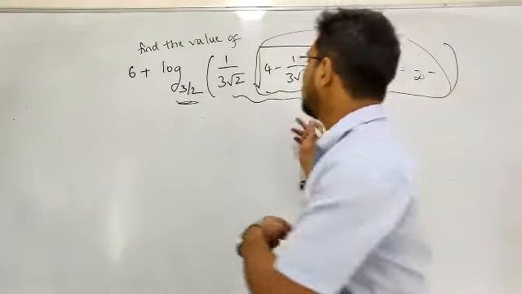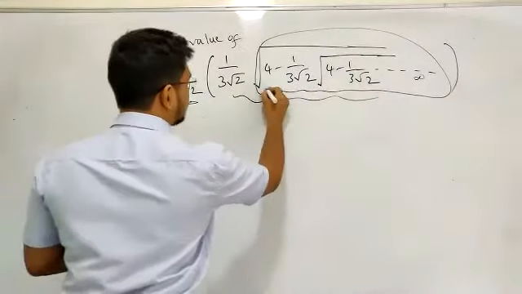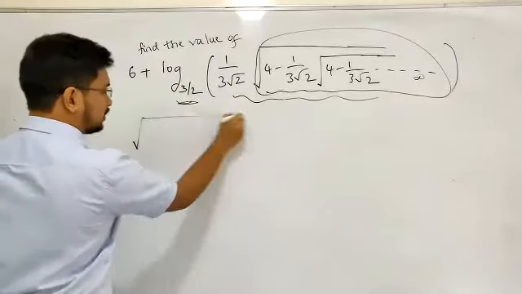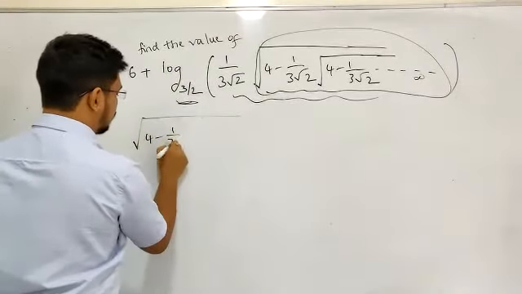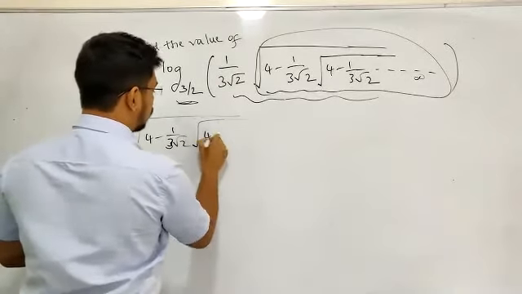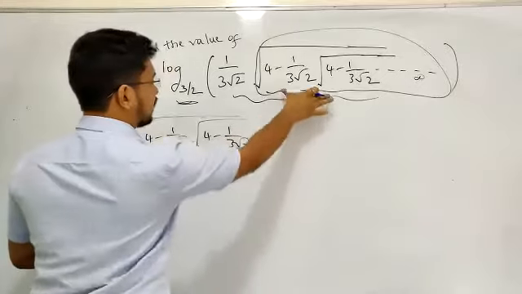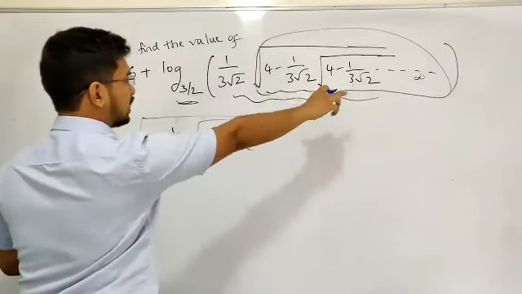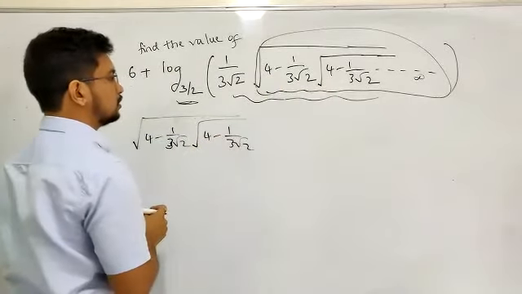So the same idea applies to this part. If I take this entire thing as y, that is 4 minus 1 by 3 root 2 into 4 minus 1 by 3 root 2, under root, and so on up to infinity, I'll take this value as some y. Then you do squaring on both sides.